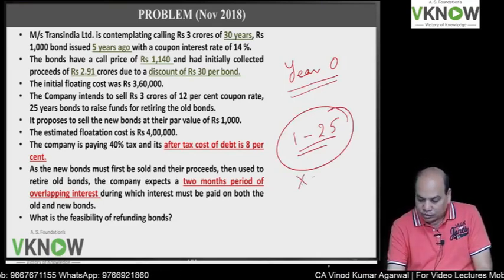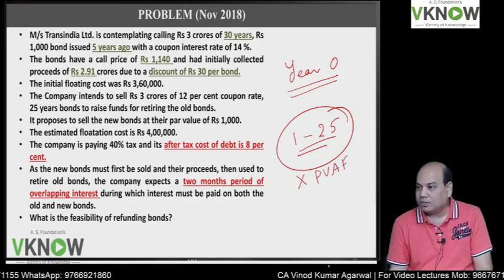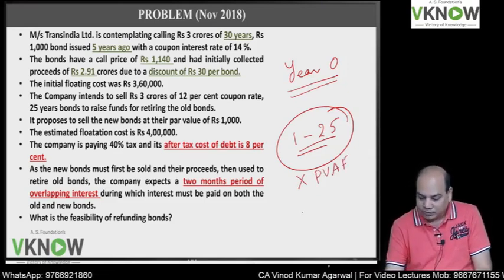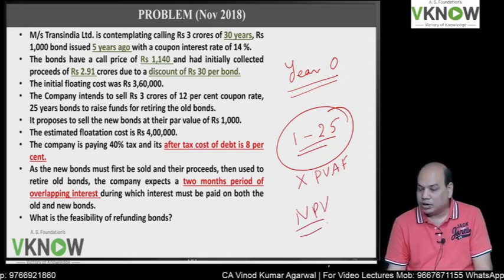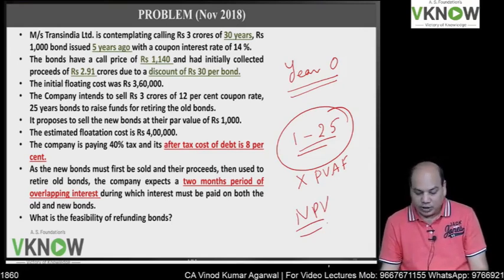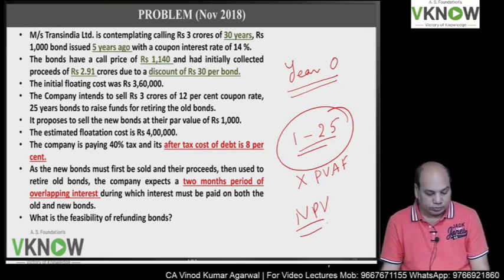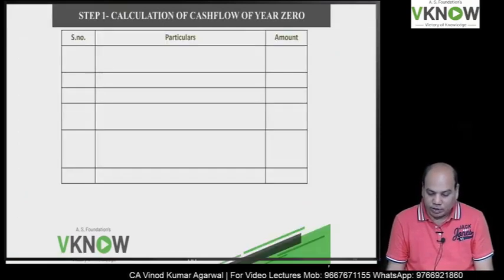This I have to convert into present value by multiplying by PV annuity factor. And then the third step will be to find out the net present value. If NPV is positive, we will refund the old bond. So let us solve. I have explained everything. Please mark it very important question.